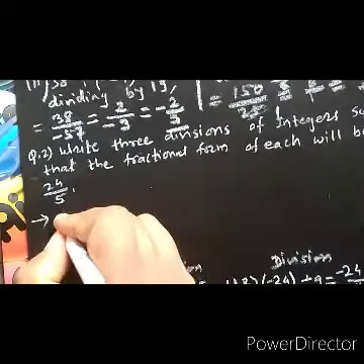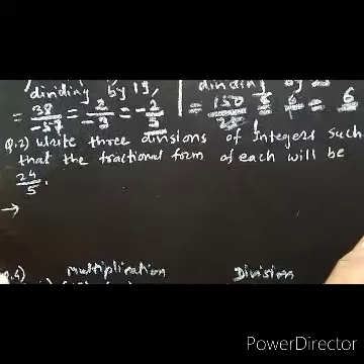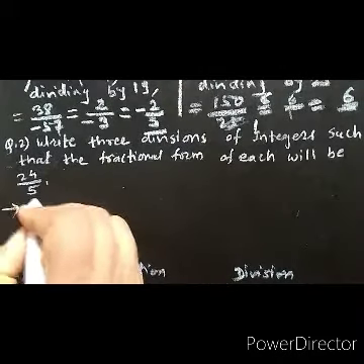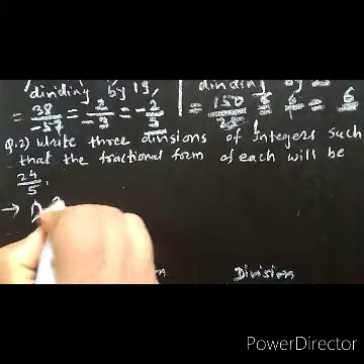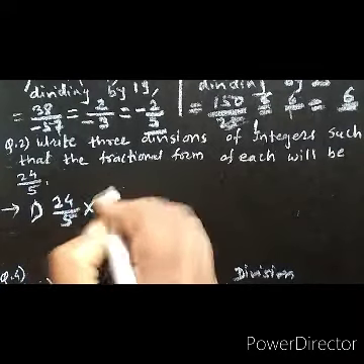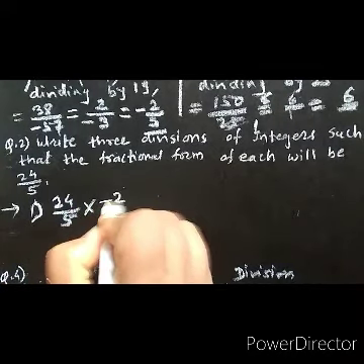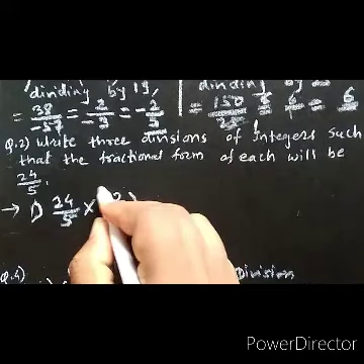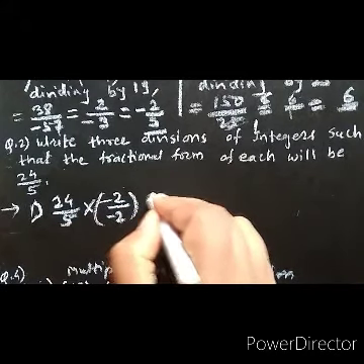Number 1, 24 upon 5 multiplied by minus 2 in numerator and denominator.